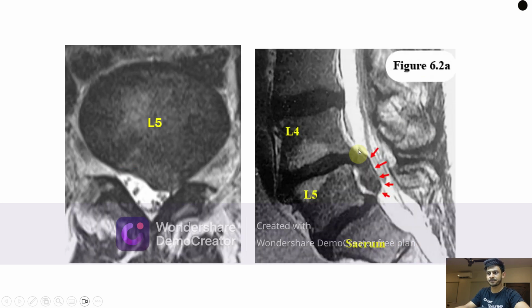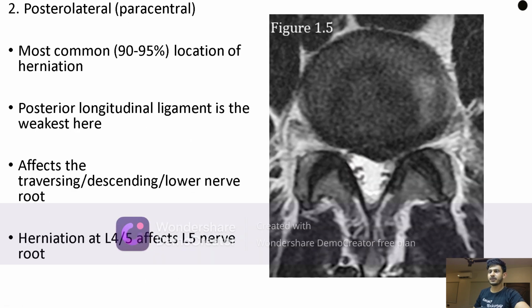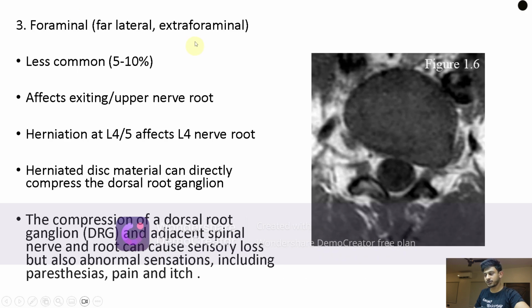I hope that's clear. In a foraminal protrusion, you can see this is the central portion, this will be paracentral, and this is foraminal. This is around the 8 or the 4 o'clock position depending on the side, and this usually affects the exiting nerve root more than the traversing nerve root. So the herniation at L4 L5 affects the L4 nerve root, like I showed before.